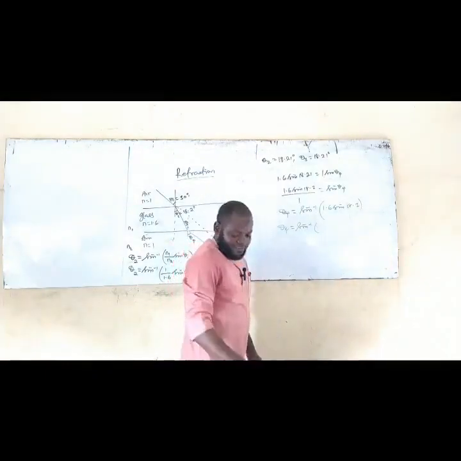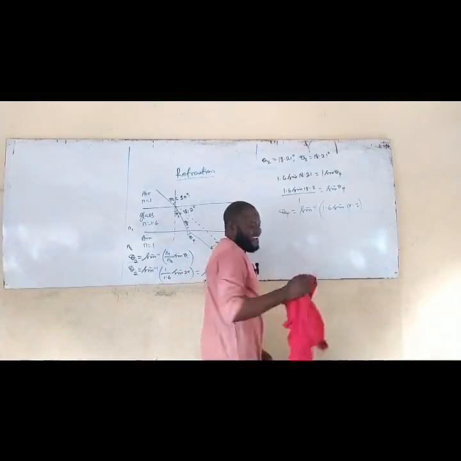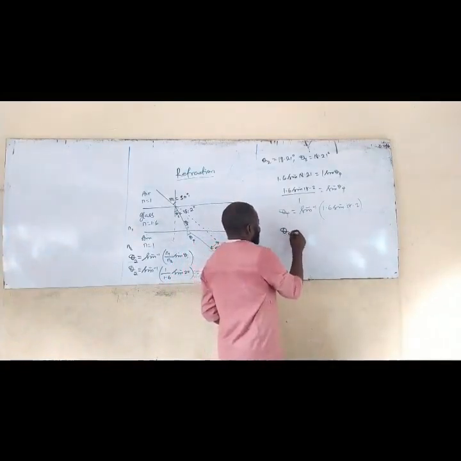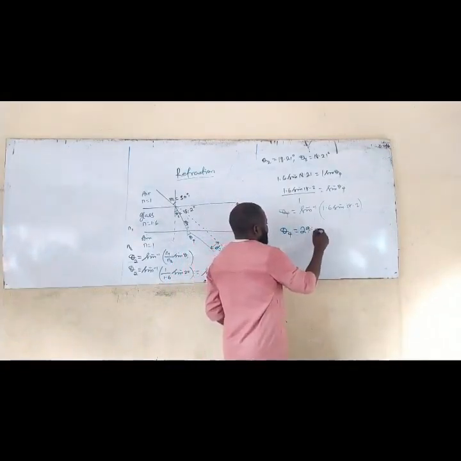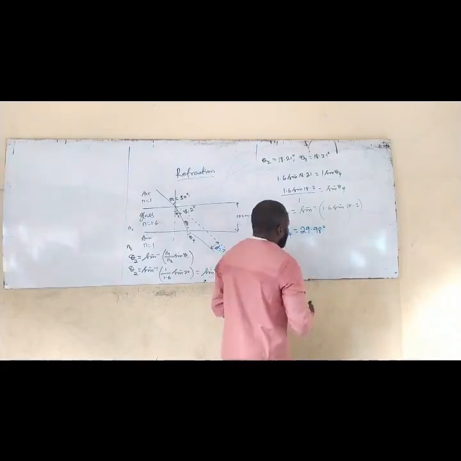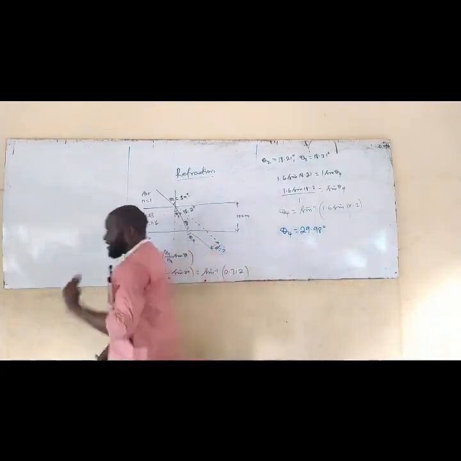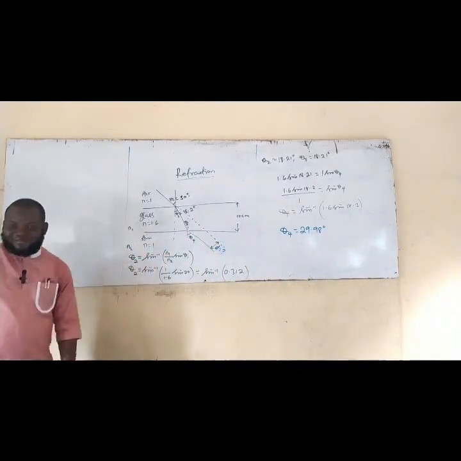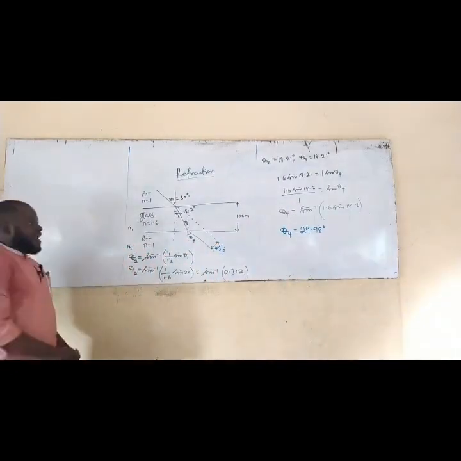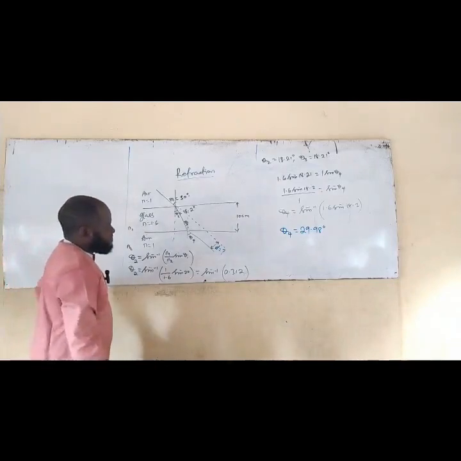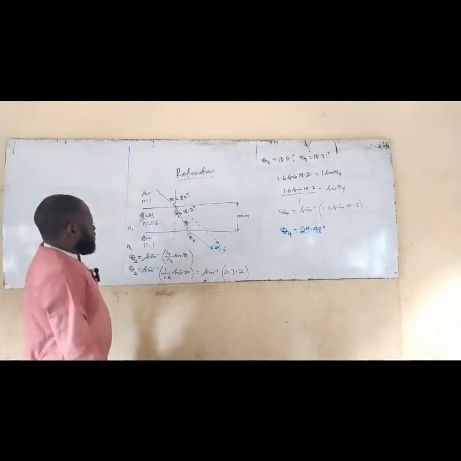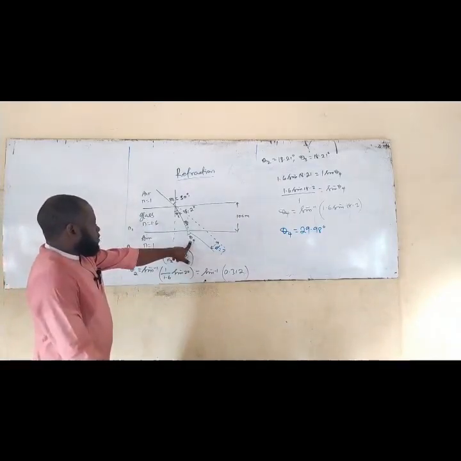Okay, so I should not stress myself. What is the final answer? 29.98 degrees. It's dangerous to approximate when you have not arrived at the final answer. Be careful. Are you sure of what you've gotten? Okay, if that is the value for theta 4, then I think we are good to go now.